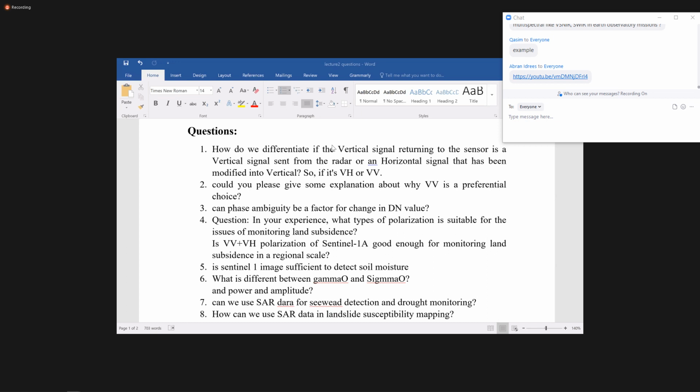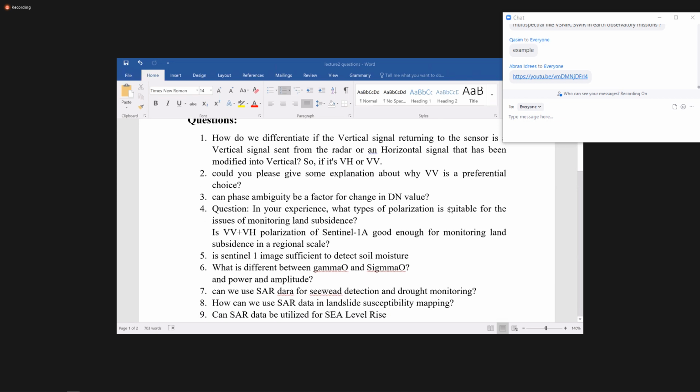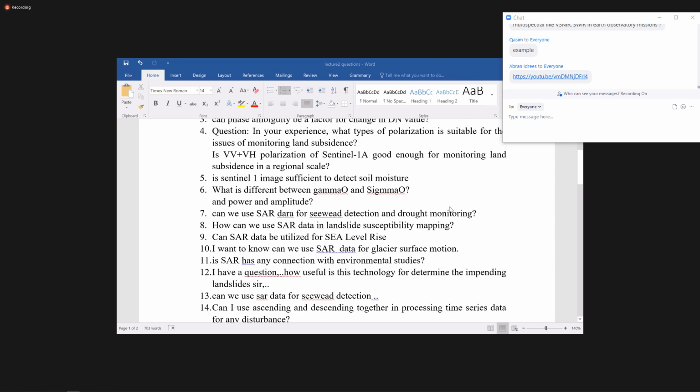Is there a difference between gamma naught and sigma naught, and power and amplitude? That's a good one. I'm actually not sure. We typically have the difference between amplitude and magnitude.